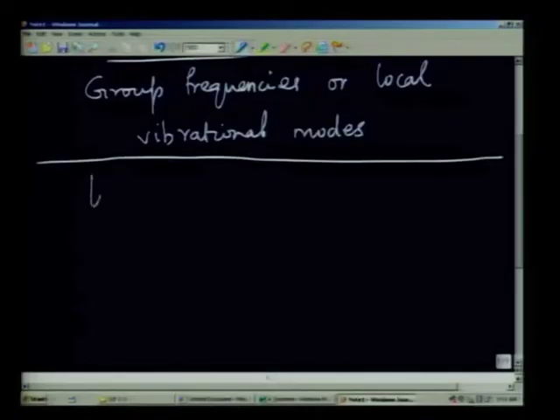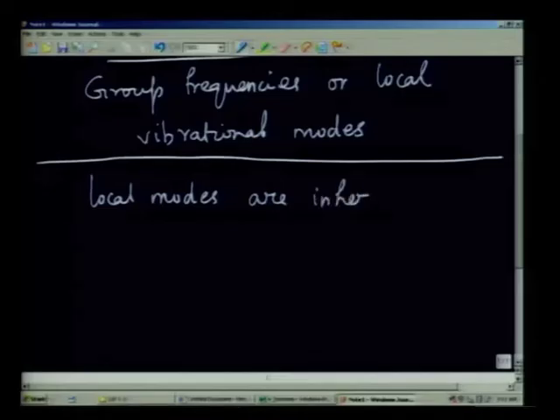Different groups, you can identify them as species oscillating with respect to the rest of the molecule and contributing to a local absorption, resonance absorption, and these resonance absorptions on these different groups will show a characteristic spectrum, which is what we call the local mode spectrum or group frequency spectrum. So local modes, when we discuss, are inherently anharmonic.